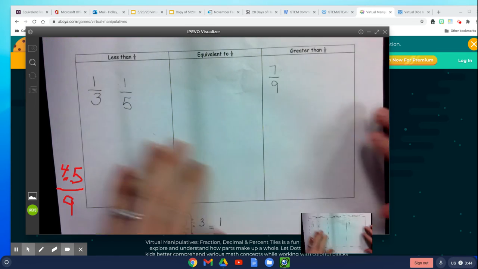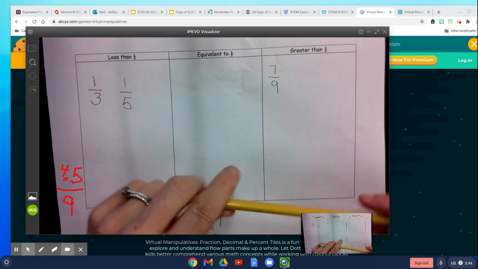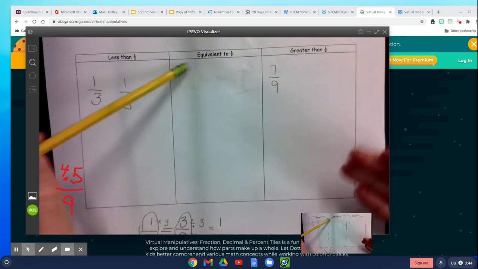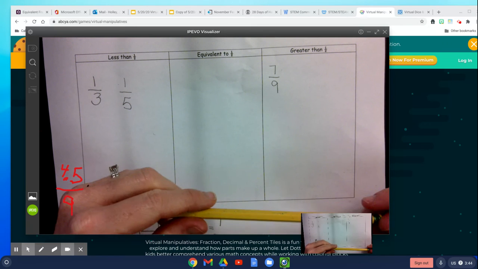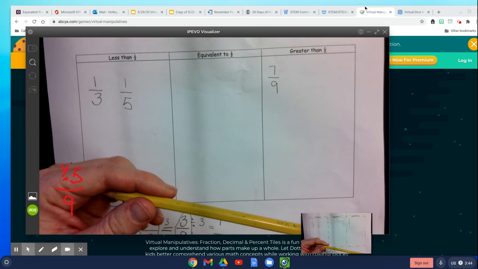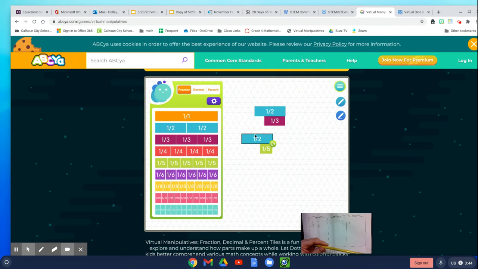So there is no limit to how many fractions you can put on this. And you're just comparing it to a half. And this should be fun. And please use your virtual fraction tiles because they are so useful. I wish I could ship fraction tiles to you so you can touch and feel them, but this is just the next best thing.